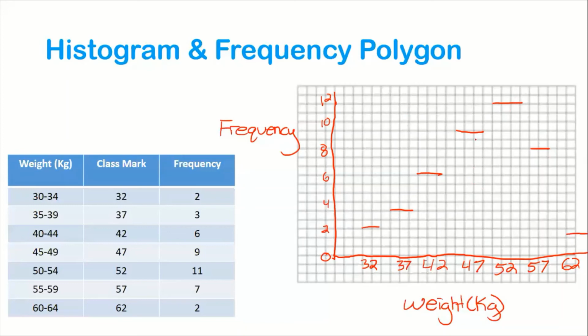Now you might be thinking why I have lines. Well, because remember, it's an interval. We're actually graphing an interval, but for visual representation, we just have our class mark.